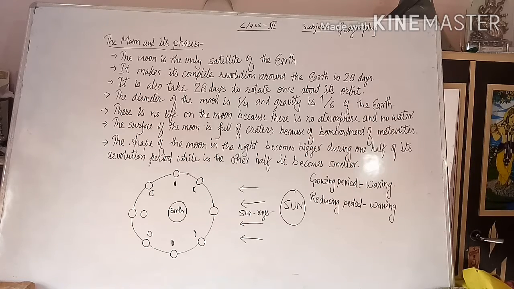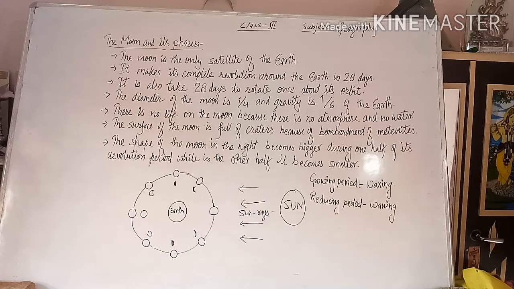And the moon makes its complete revolution around the Earth in about 28 days. It means moon है वो Earth के around अपना एक revolution complete करने में 28 days लेता है.